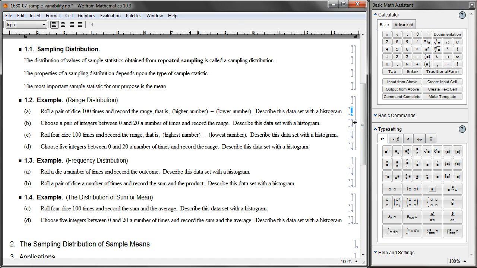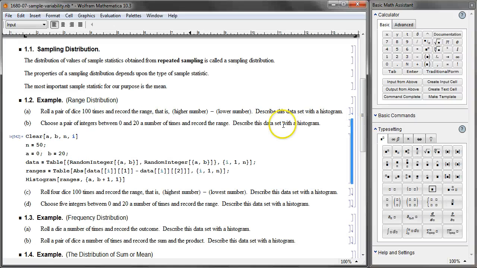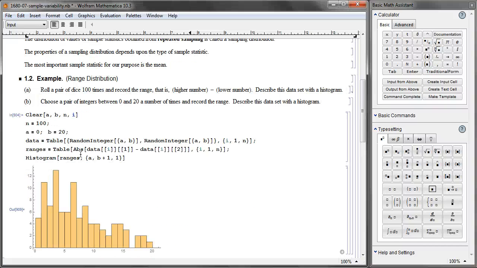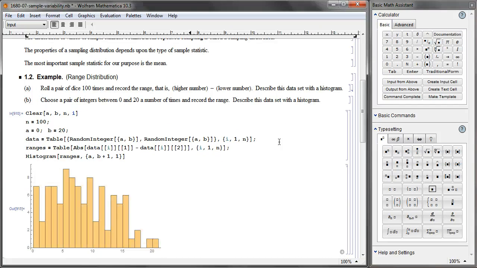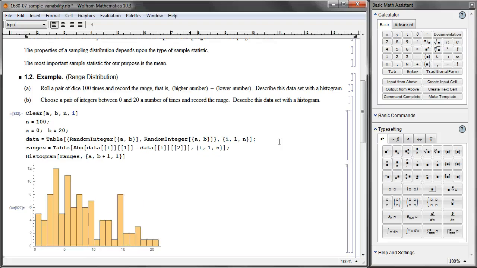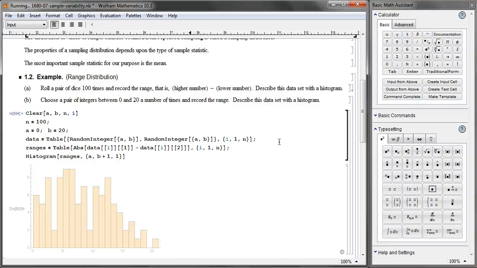Now here's another example. Choose a pair of integers between 0 and 20, and let's repeat it 100 times. Select a pair of numbers between 0 and 20, and then the range, largest minus smallest, and repeat it 100 times. Here's a histogram, and then let's repeat it. I don't see any pattern.